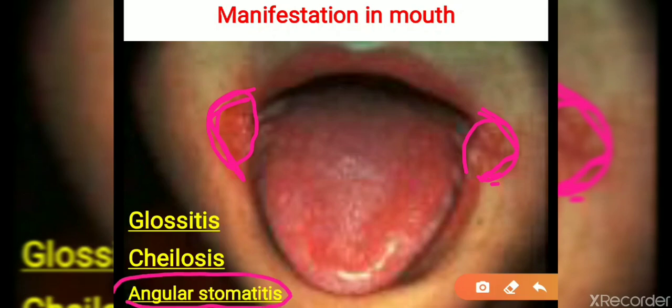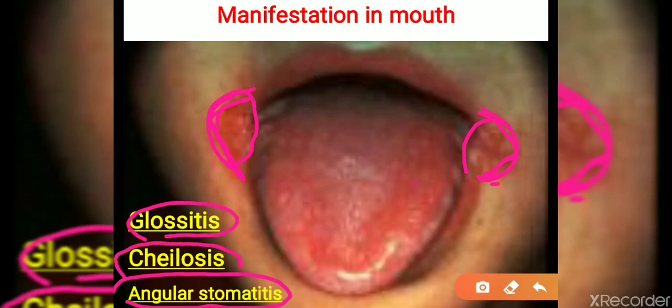So vitamin B2 deficiency produces glossitis, that is erythematous edematous tongue, cheilosis, that is reddish discoloration of the lips, and angular stomatitis, that is the erythematous lesion affecting the angles of the mouth.